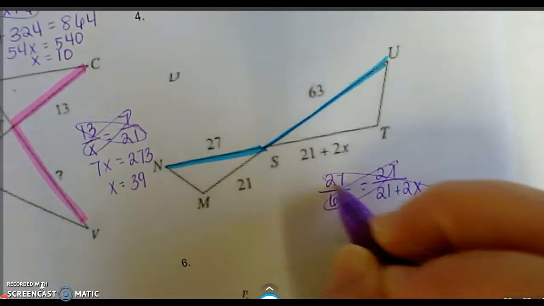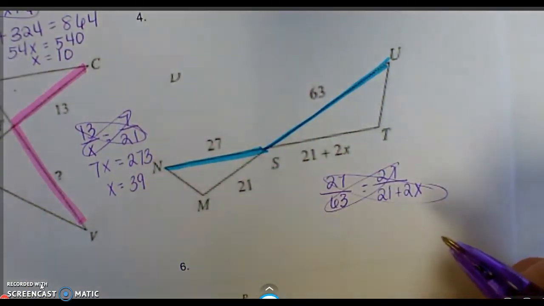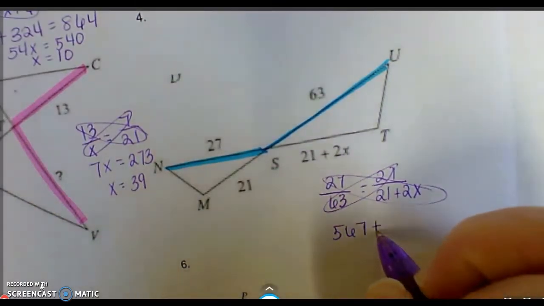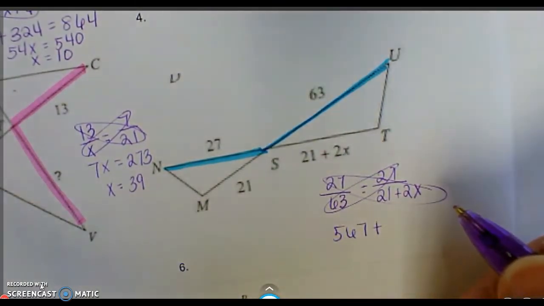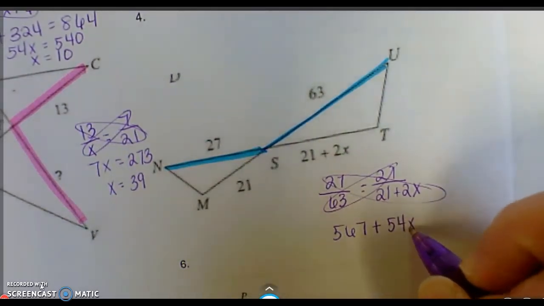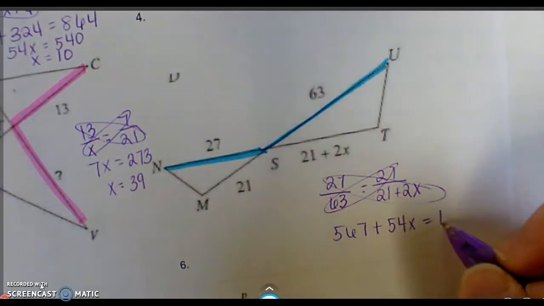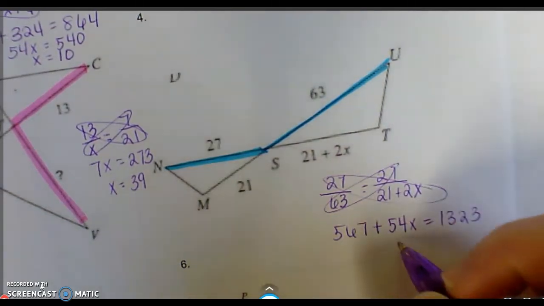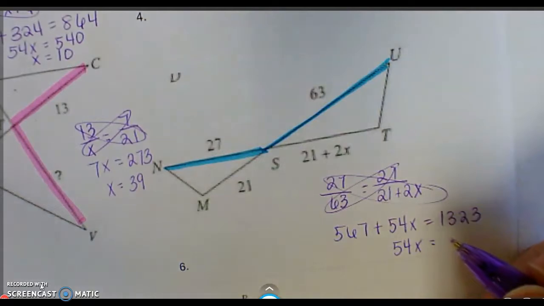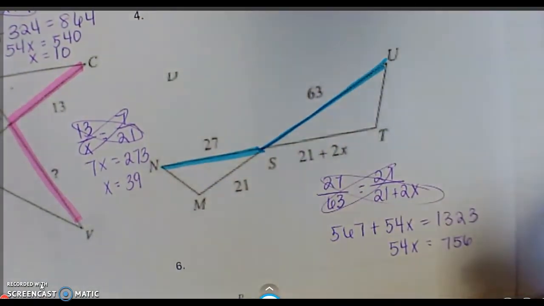Cross multiply. I'm going to do this one first since it has the x. 21 times 27, and then 21 times 63. We'll subtract 567 on both sides. And then divide by 54.